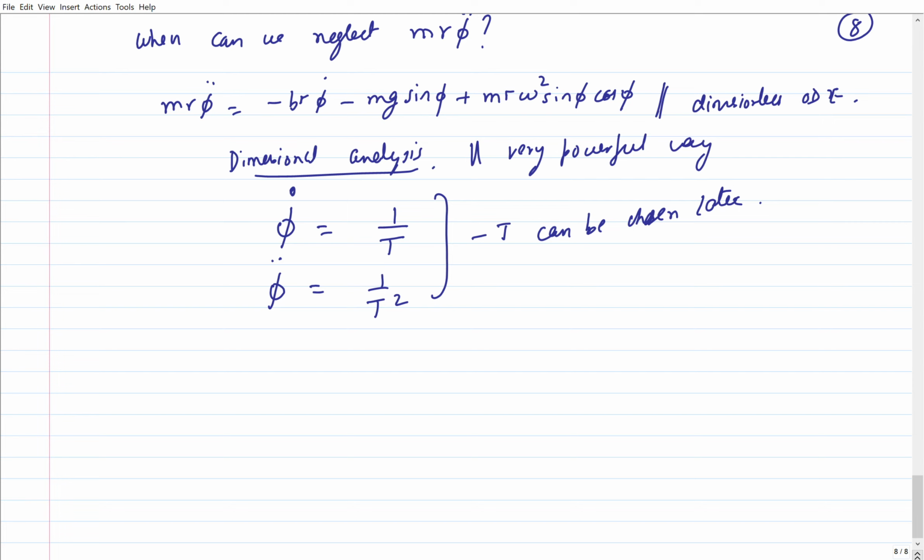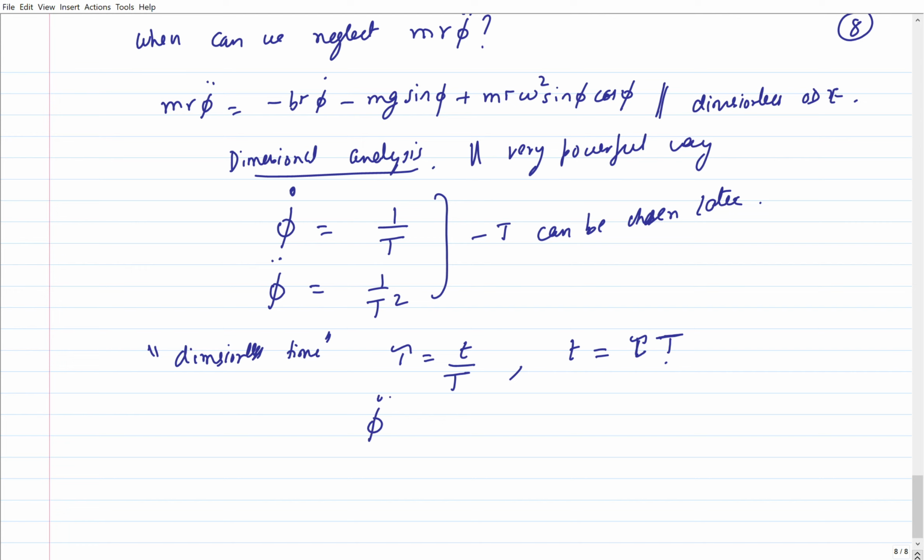So what we can do is that we can introduce a dimensionless time. The standard way, which is tau is t over T, or in other words, our time t is nothing but tau, the dimensionless time, times the time scale in the problem.